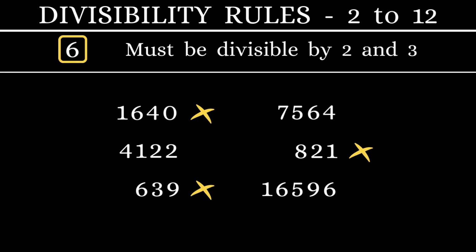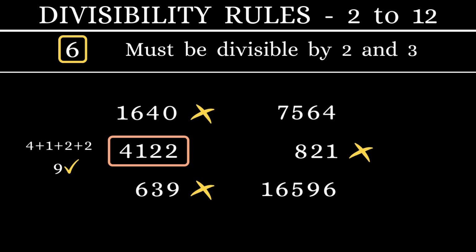Next, we have 4122. Here, when we add up the digits, 4 plus 1 plus 2 plus 2 gives us 9, which is divisible by 3.